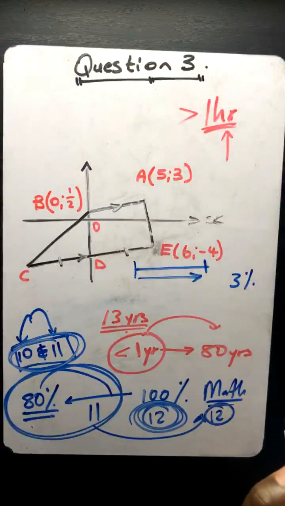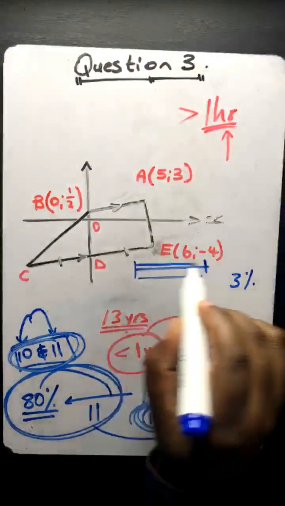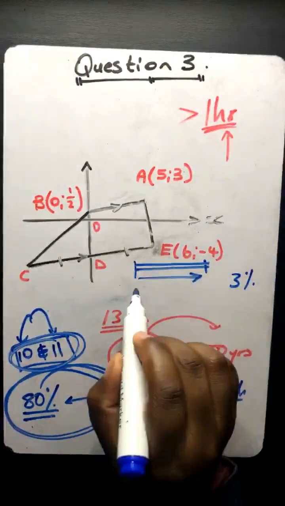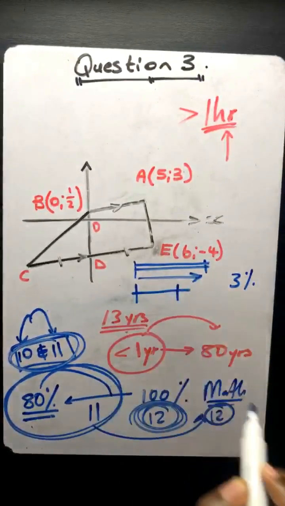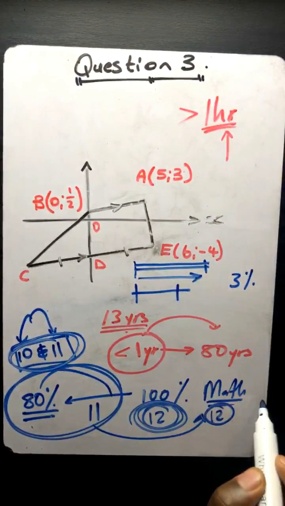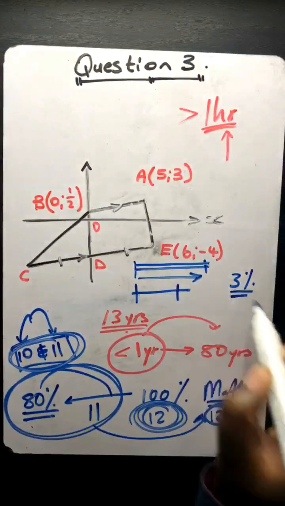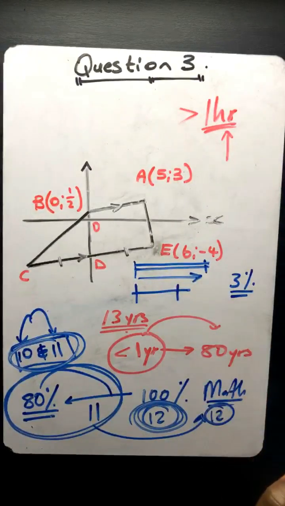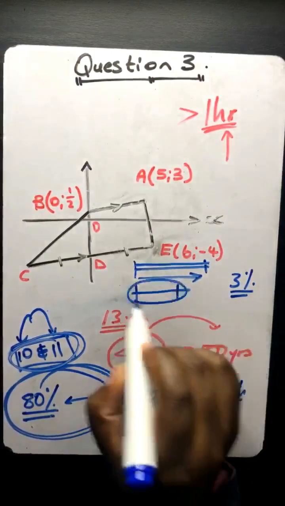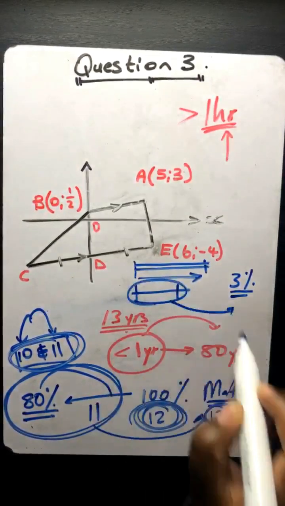But now, if you had the whole year to prepare, why would you give yourself 6 months to prepare for your final exam? If you had the whole year and you got, let's say, 3%, and you are now giving yourself 6 months, what is your targeted percentage?